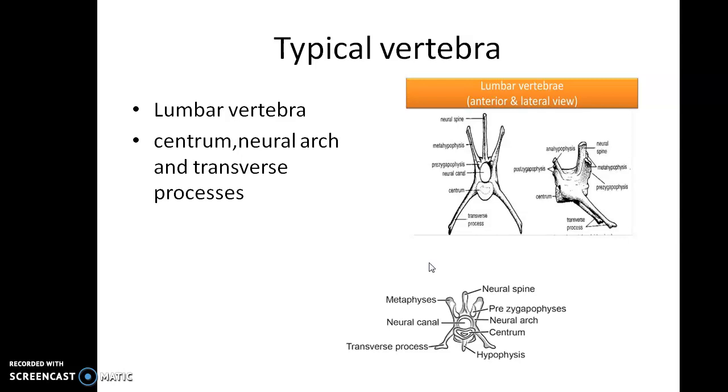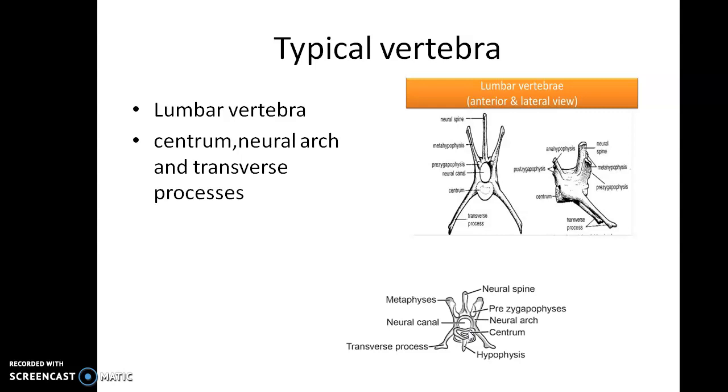The typical vertebra consists of the centrum, neural arch, then transverse processes. The centrum is a disc-like body of the vertebra. The centrum is known as acoelous because it is flat at the posterior and anterior end.